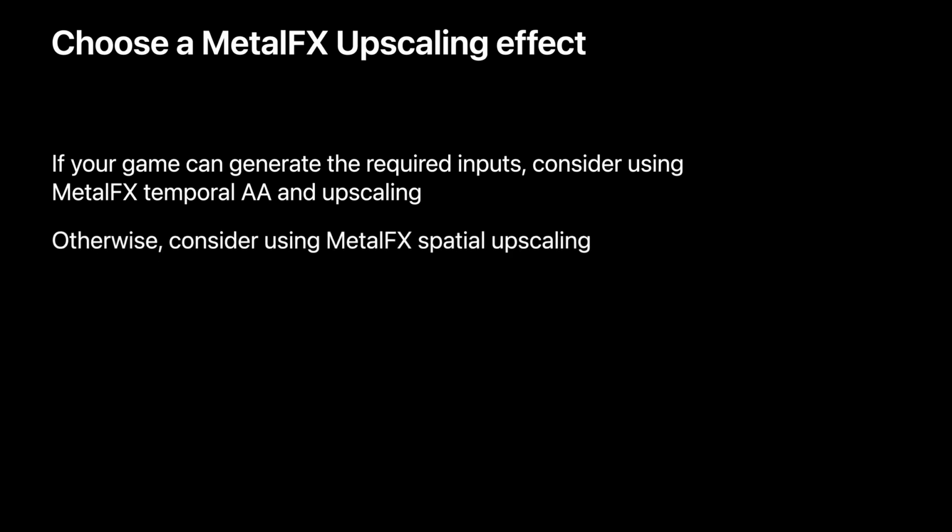If you don't have the necessary inputs or already have a well-tuned AA solution, consider using MetalFX spatial upscaling. With that, hopefully you now have a better understanding of which upscaling effect to choose. I'll next show examples of both of these effects running live in Metal applications.